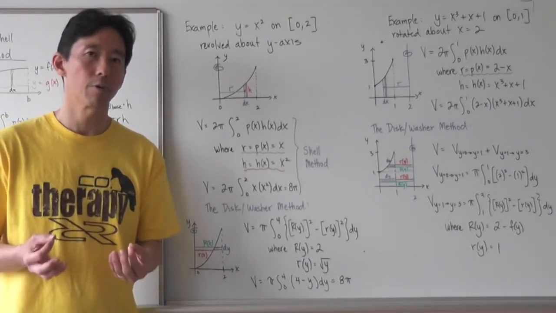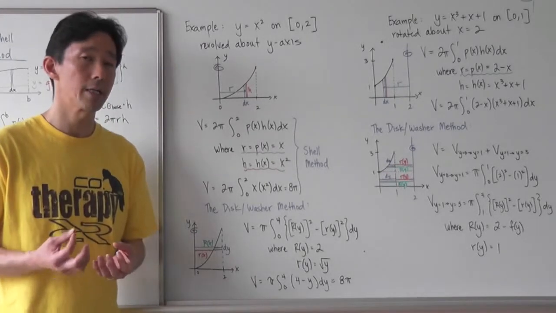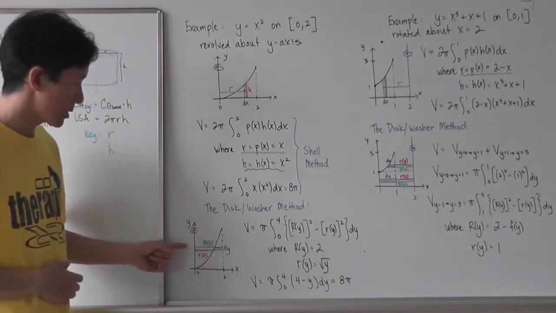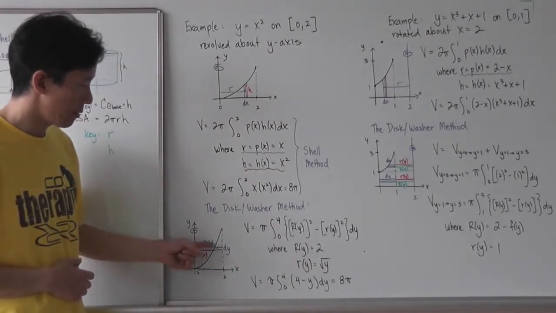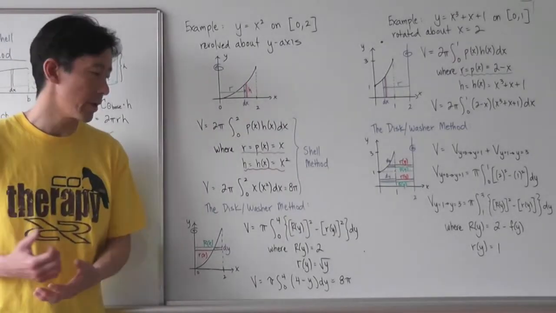Again, it's very important for us to identify what the capital R of y is, and the lowercase r of y. Now, capital R of y is just going to be 2, because if we go from here all the way to this endpoint, that's 2, our larger radius.